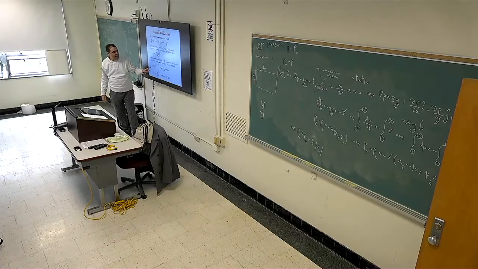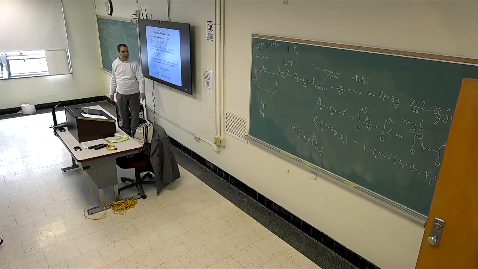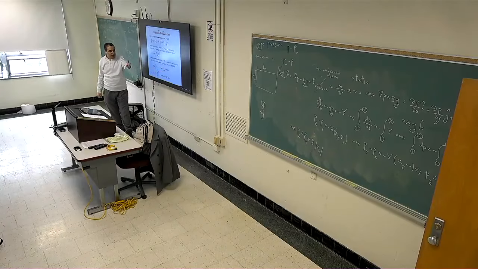If we integrate this, we reach this equation: pressure at any point is equal to P ambient multiplied by (1 minus Bz over T0) to the power g over RB. g over RB is 5.26 for air.